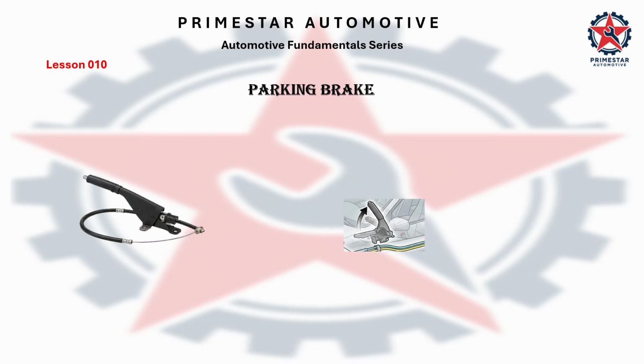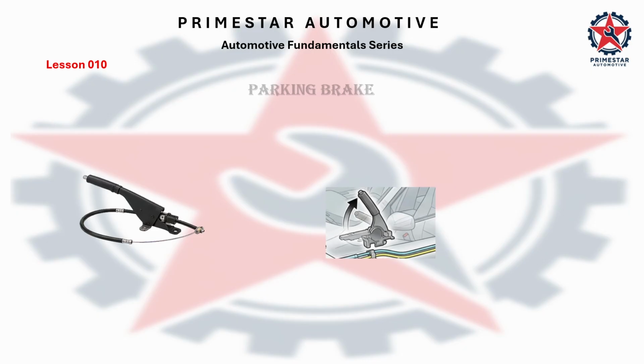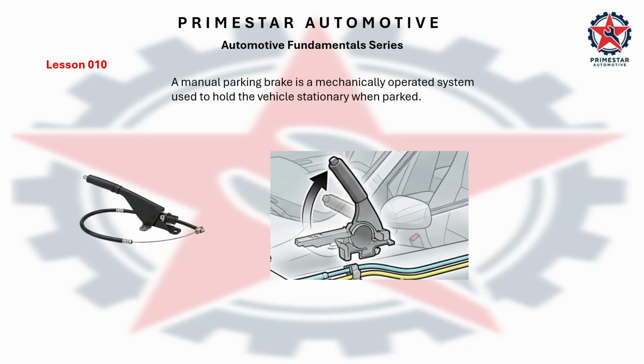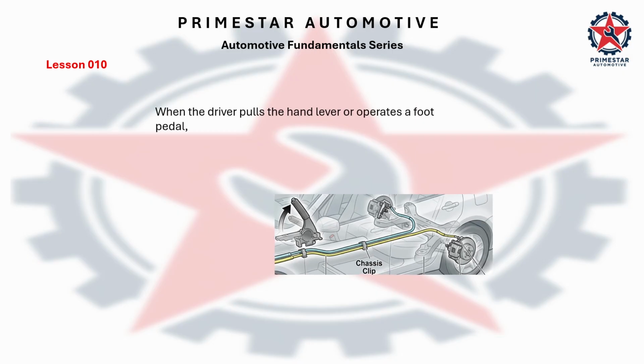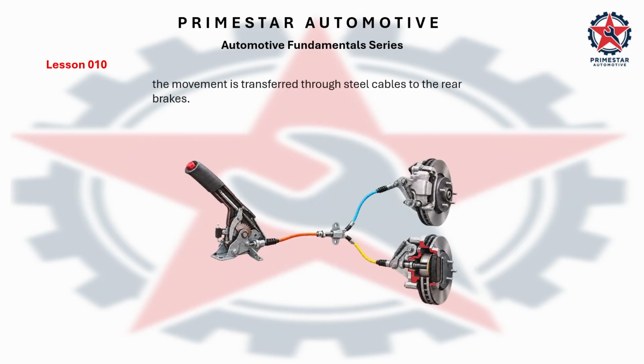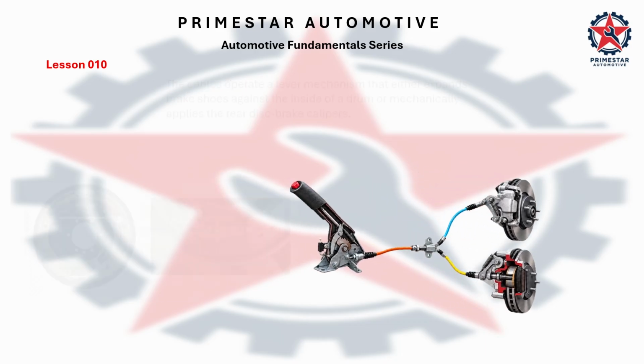Here's what an actual parking brake looks like. The manual parking brake is a mechanically operated system used to hold the vehicle stationary when parked. When the driver pulls the hand lever or operates a foot brake, the movement is transferred through steel cables to the rear brakes.